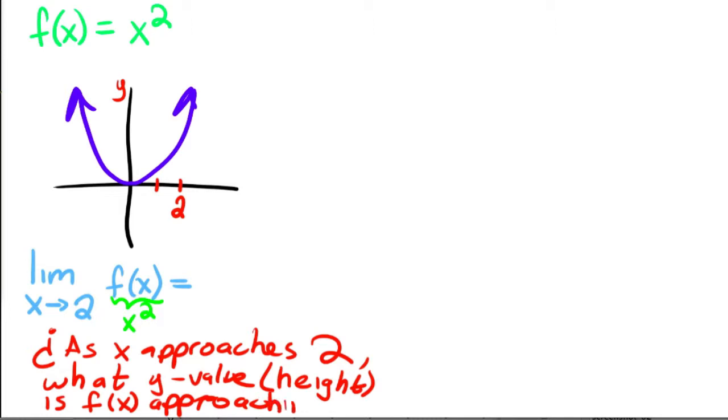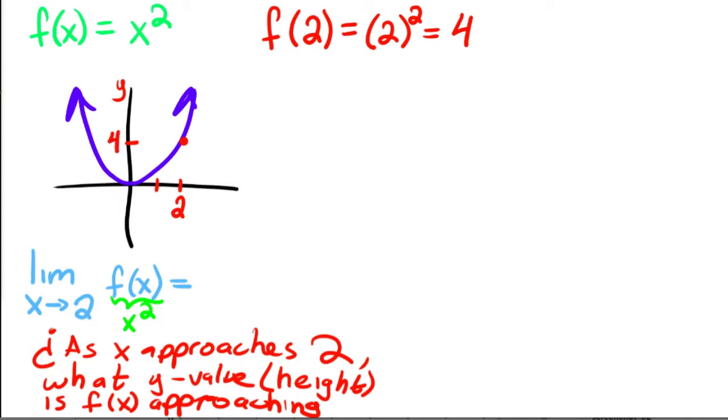So, I mean, the answer seems obvious, because for example, right here, if you find the value of the function at 2, well, you know that that's equal to plugging in 2 into your function x squared, which would just give you simply 4.